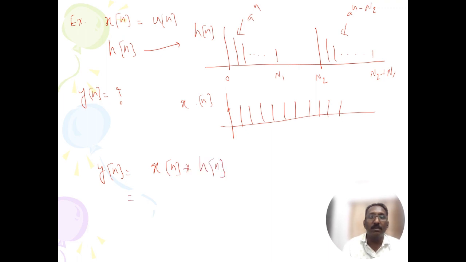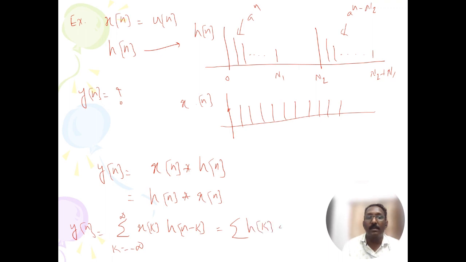So y of n is equal to the summation of X of k, H of n minus k, for k from minus infinity, which is also equal to the summation of H of k, X of n minus k.